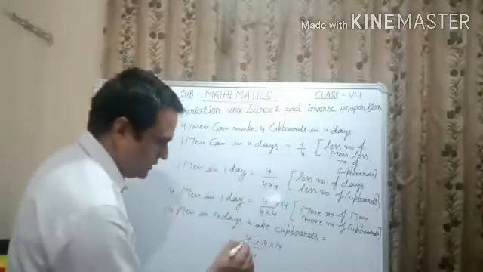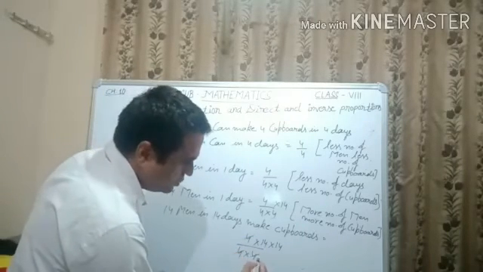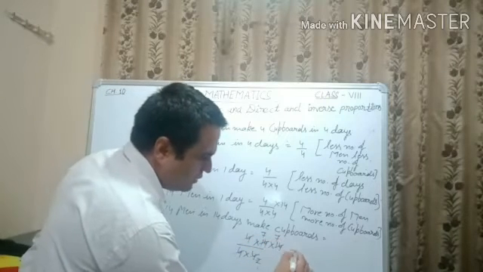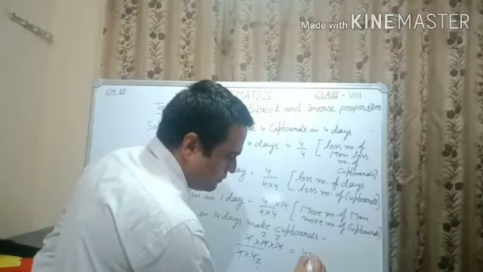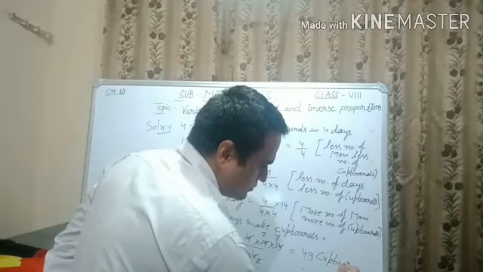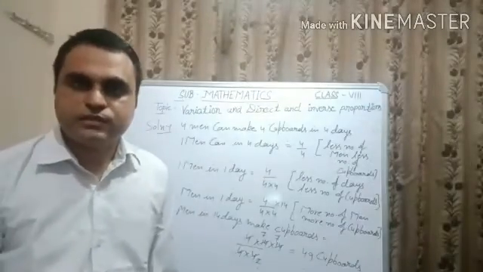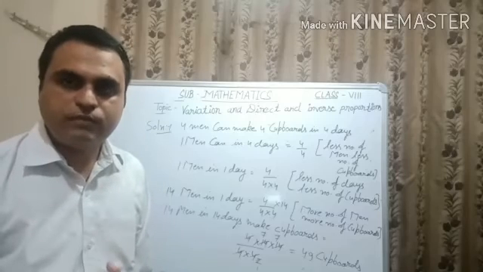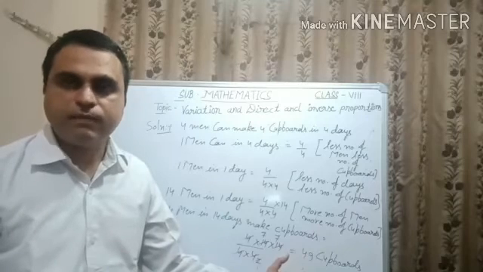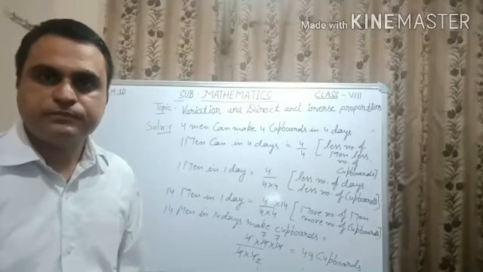Now we have to simplify this. You can cancel 4 by 4. When we cancel 4, 2 2s are 4, 2 7s are 14, 2 1s are 2, 2 7s are 14. When you multiply 7 by 7, you get 49 cupboards. If 14 men work for 14 days, then the number of cupboards made by them is 49. I hope you understand this concept. Thank you.